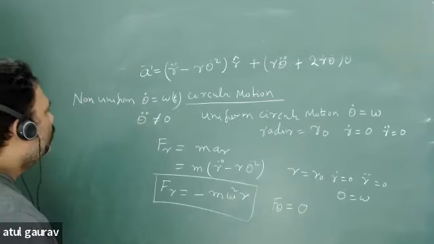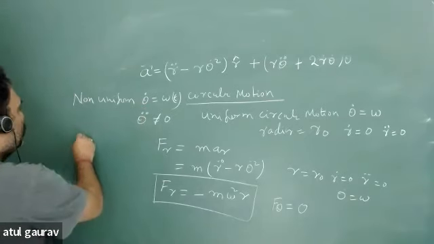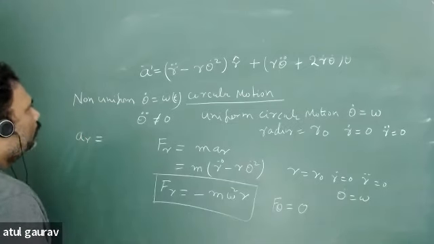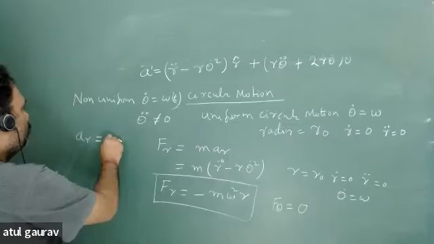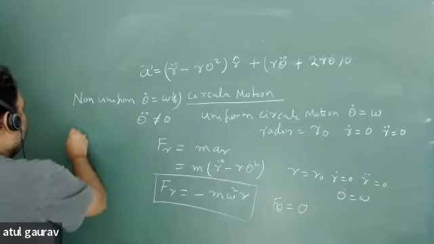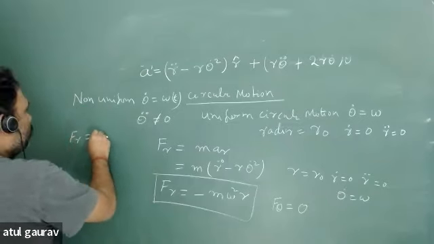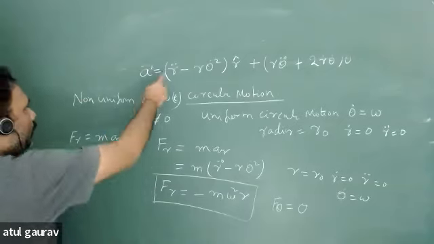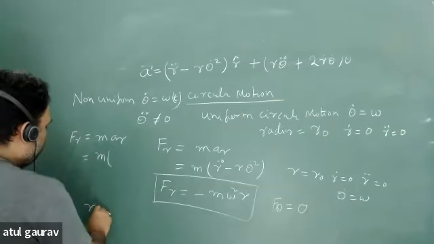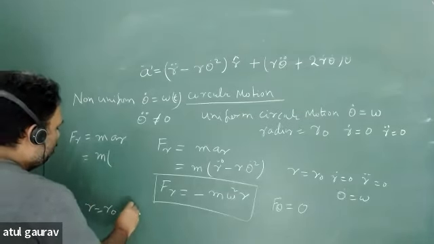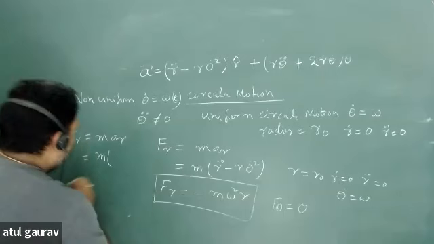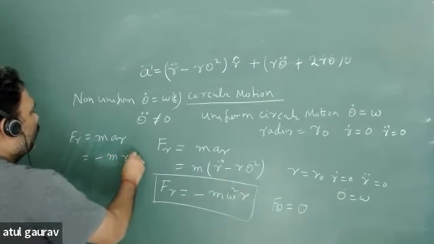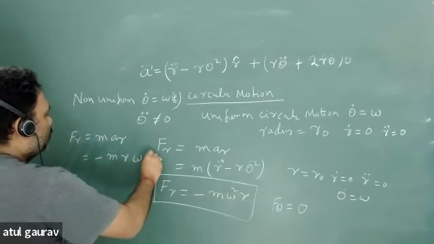So what will be your AR? FR is equal to M AR. R double dot is 0 because the radius R is equal to R naught, and R dot is equal to 0. So you will again get minus M R omega of t, squared.